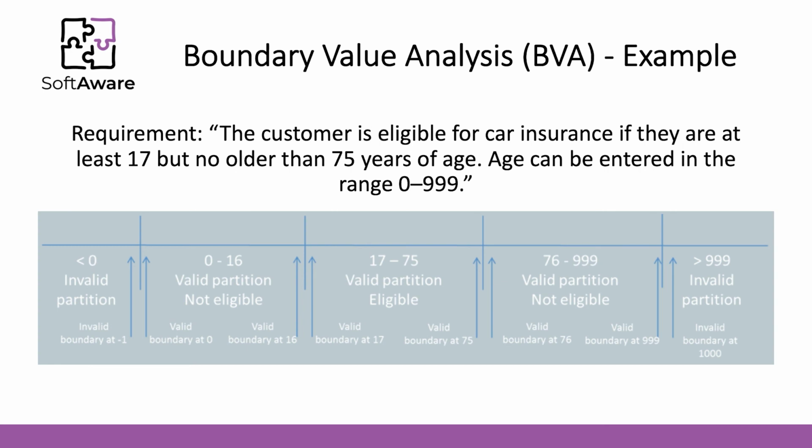Let's take a look at what happens when we apply boundary value analysis to the requirement that we have already seen. So the partitions are established, and then we add a couple more test cases related to an invalid boundary at -1, a valid boundary at 0, a valid boundary at 16, a valid boundary at 17, and another at 75, then here at 76 and 999, and then an invalid boundary at 1000.